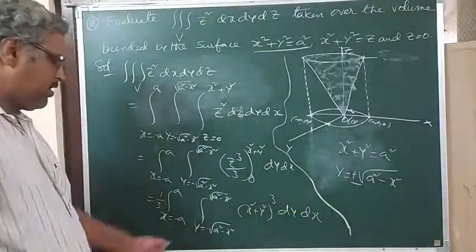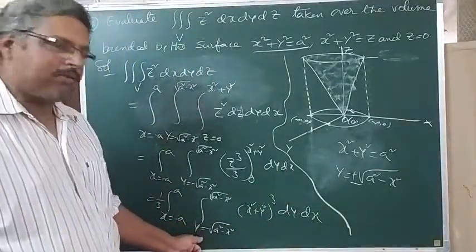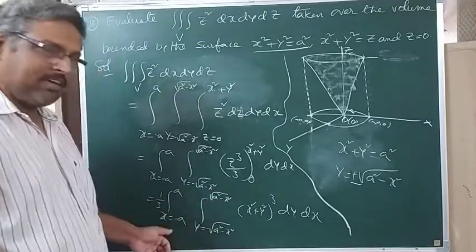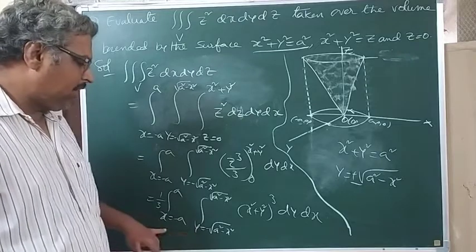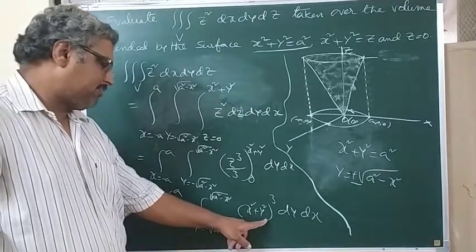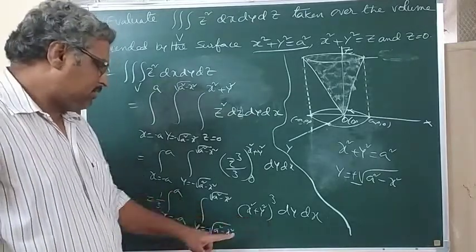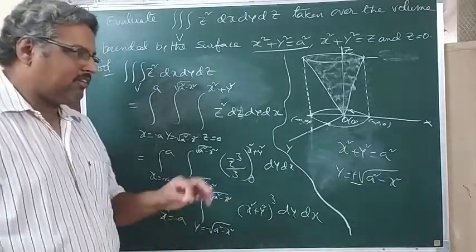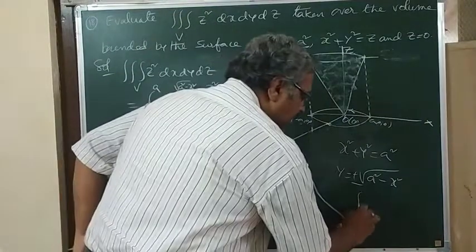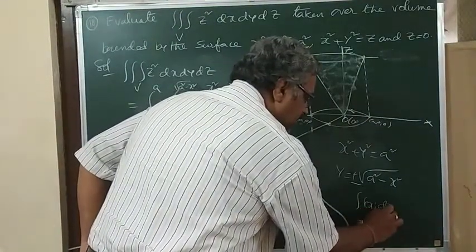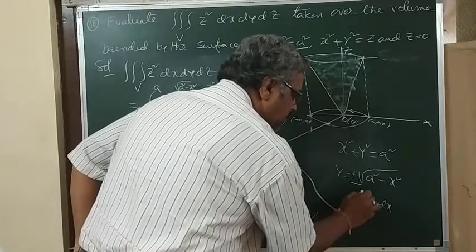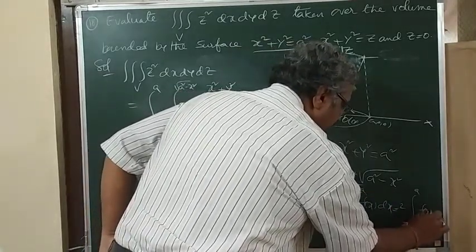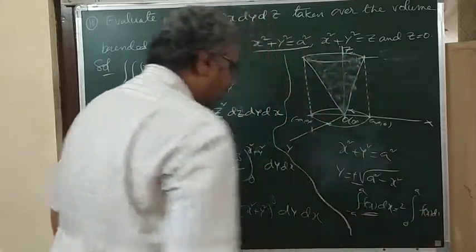Now observe, if you integrate with respect to y, x is treated as constant, then integrate with respect to x. Both the integrals, x square plus y square, are even functions. We have a formula: the integral of f of x dx from minus a to a is nothing but 2 times the integral from 0 to a of f of x dx, if f is an even function.